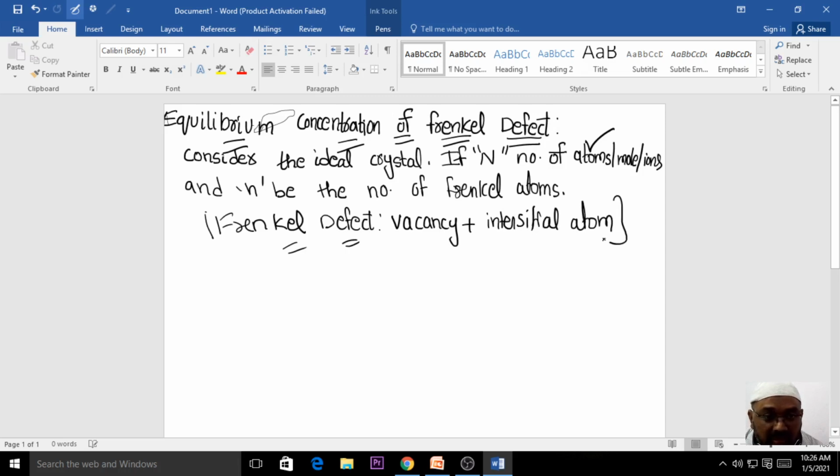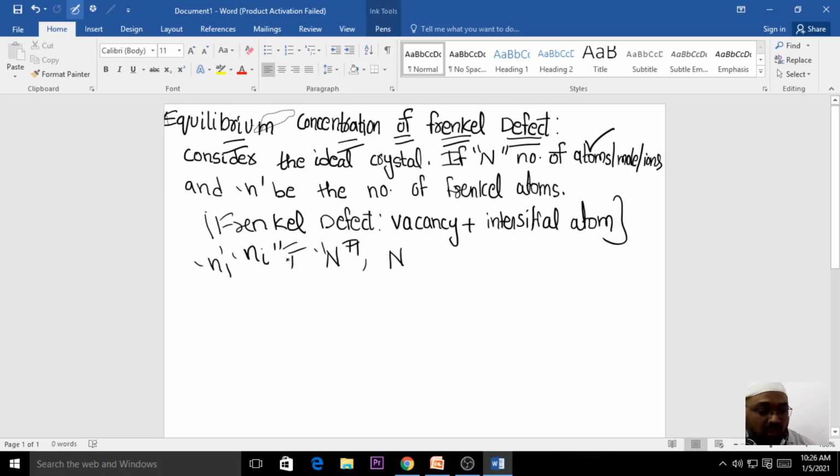You'll find Ni with respect to n, and if capital N exists, then capital Ni will also be there. So the combination of the vacancy and the interstitial atom gives us the Frenkel defect.